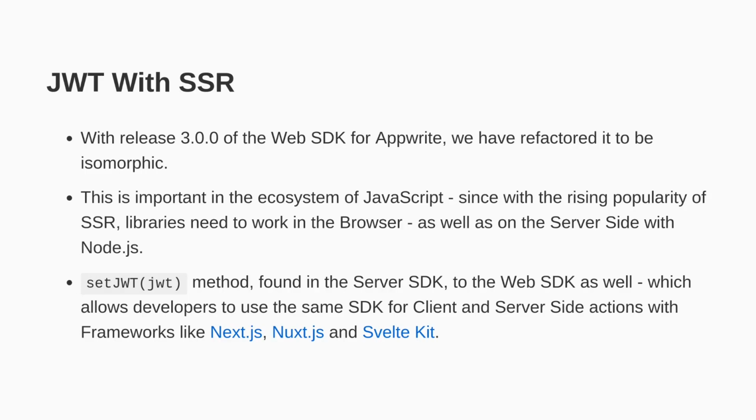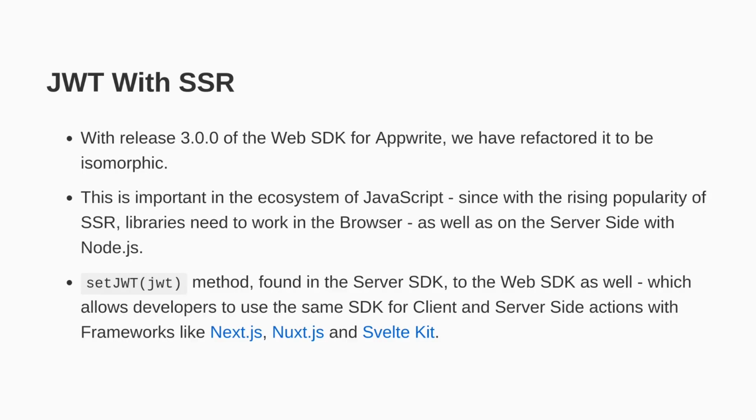What this means is that libraries need to work in the browser as well as server-side with Node.js, and that is what the Appwrite SDK is refactored to do in version 3. The setJWT method found in the server-side SDK is also included in Appwrite's Web SDK. This allows developers to use the same Appwrite Web SDK for both client and server-side actions to work effectively with frameworks like Next, Nuxt, and SvelteKit.